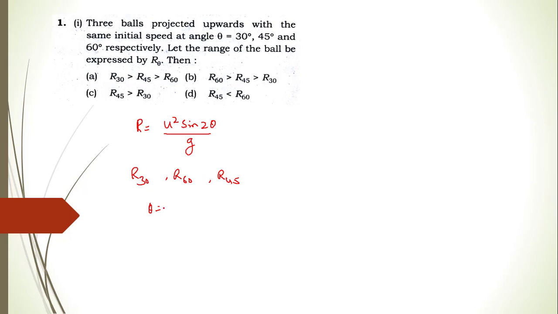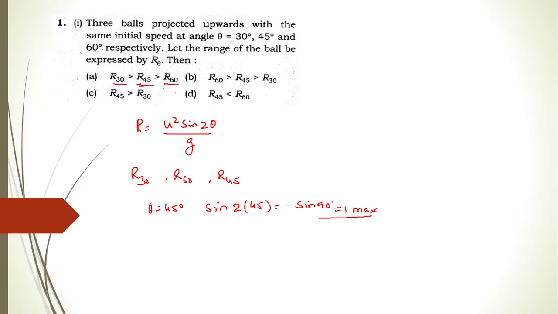For theta equal to 45 degree, sine 2 theta is sine 90, which is equal to 1, the maximum value. So the angle of 45 will give the maximum value. So R45 gives the maximum value, then R60 and R30.